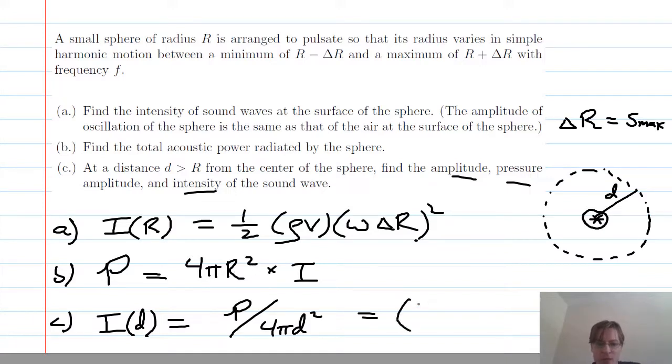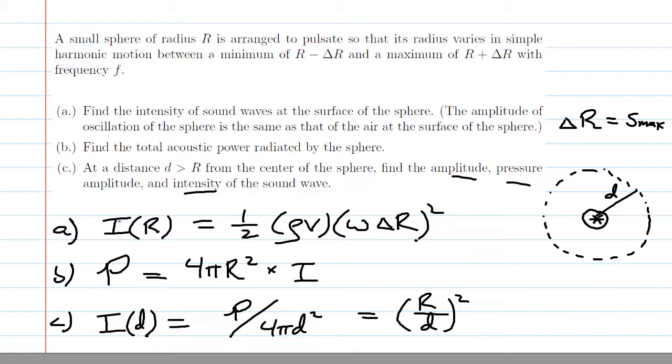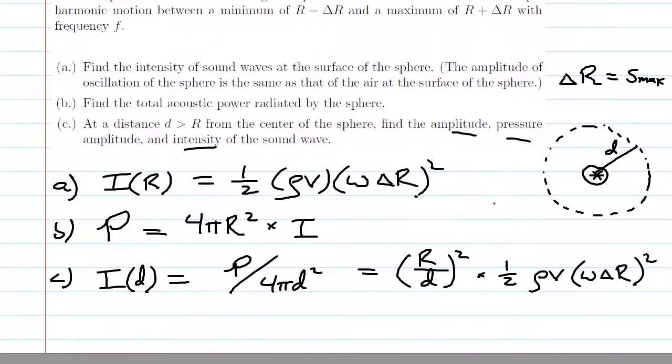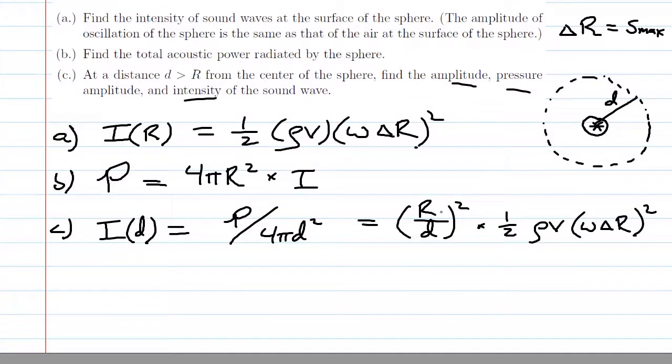That comes out to be r over d, quantity squared, multiplied by the intensity I calculated in part A. That's 1/2 rho v times omega delta r squared. So notice the intensity goes like 1 over the distance squared. Okay, so there's our answer for the intensity.